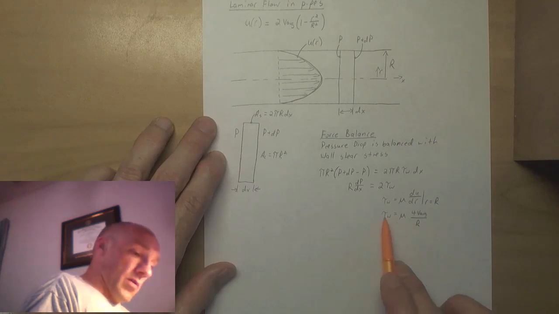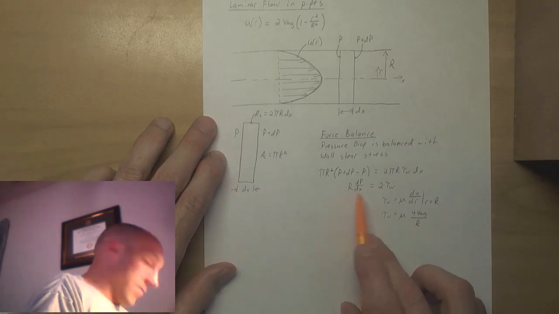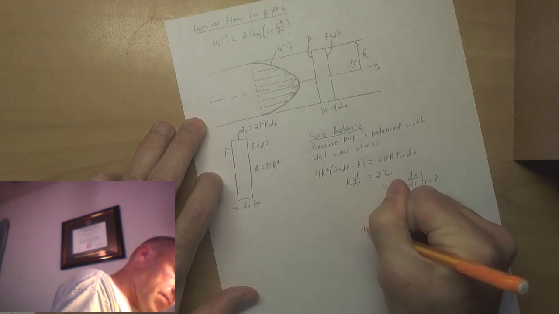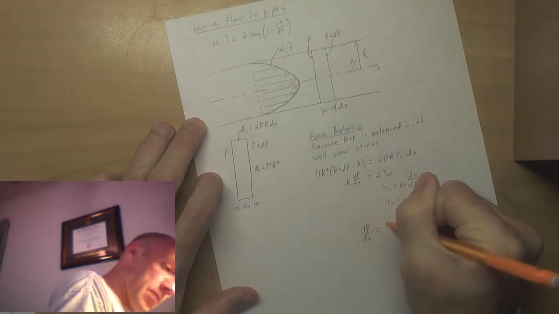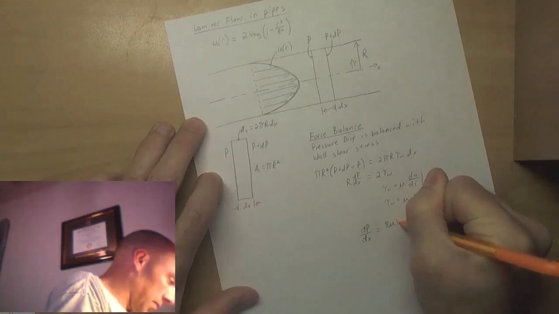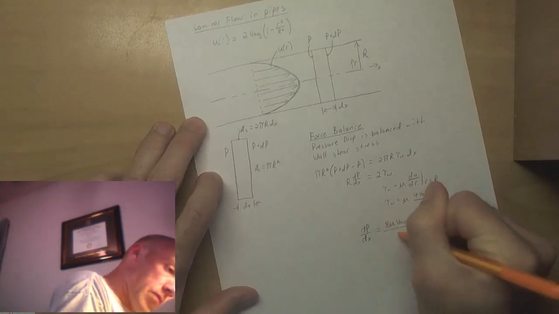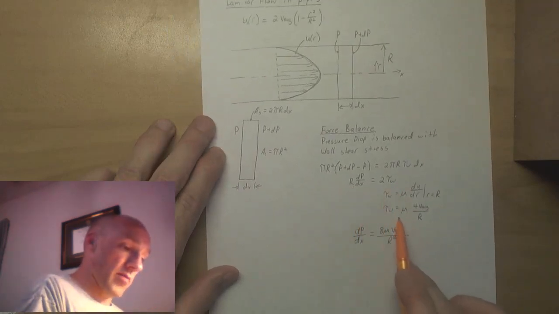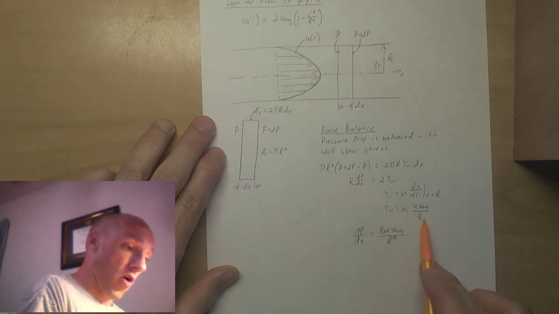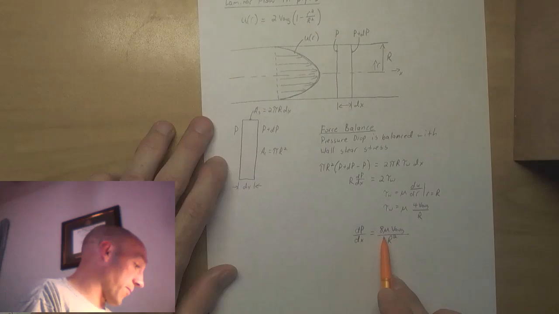And so dP/dx equals this, where I just took this r to this side, so this is the shear stress, divided by r, multiplied by 2, and that's where this comes from.